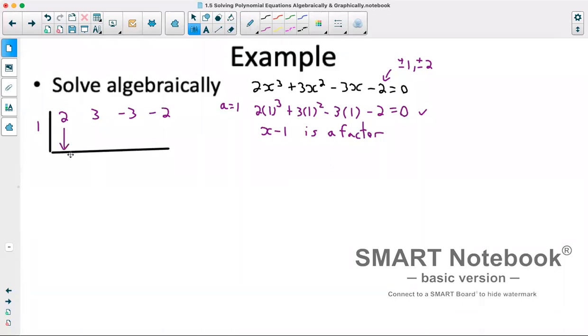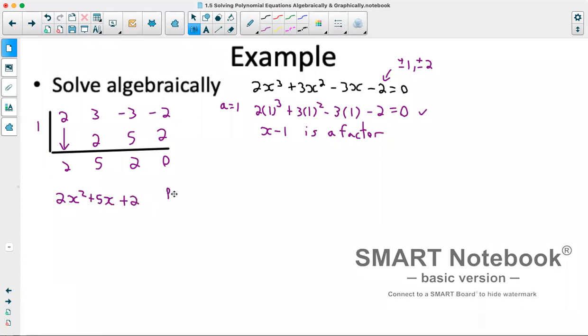We bring down this 2, multiply it by 1. Add these together, that gives us 5, multiply by 1. Add these together, that gives us 2, multiply by 1. As expected, this gives us 0, because that was a zero. So that gives us 2x squared plus 5x plus 2.